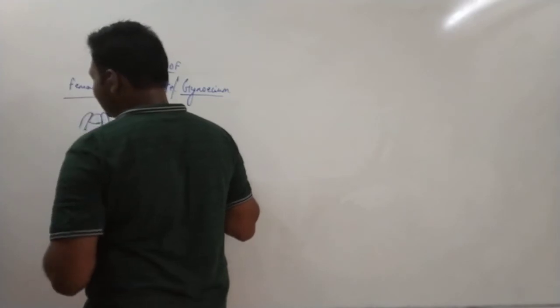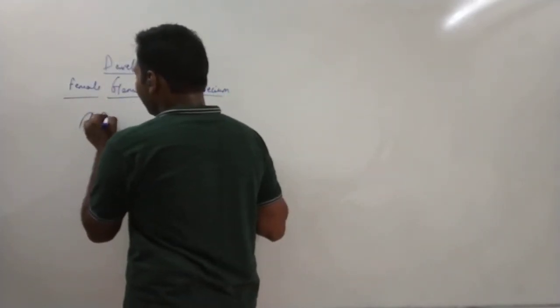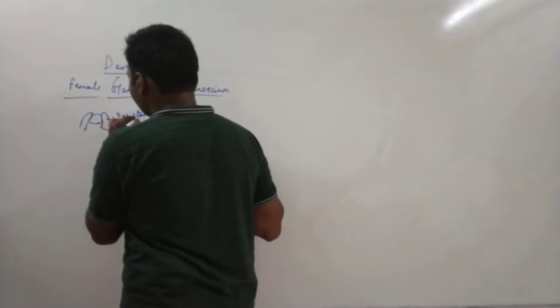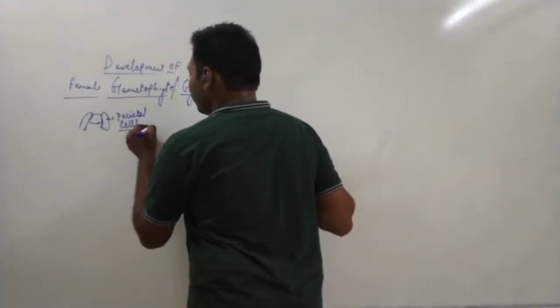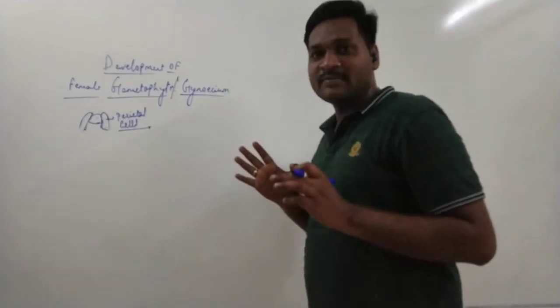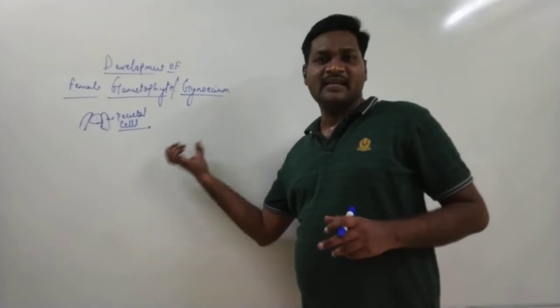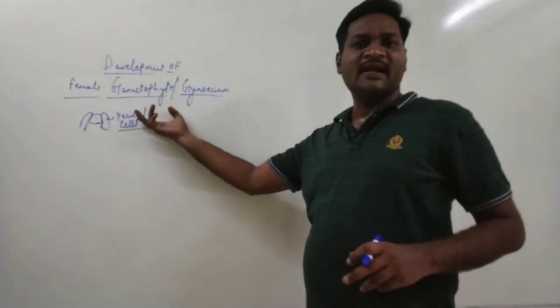This is a single cell, and these nutritious cells are called the parietal cells. This single cell undergoes mitotic cell division. What is meant by mitotic cell division? That means equational cell division, where a single cell divides into similar identical cells.